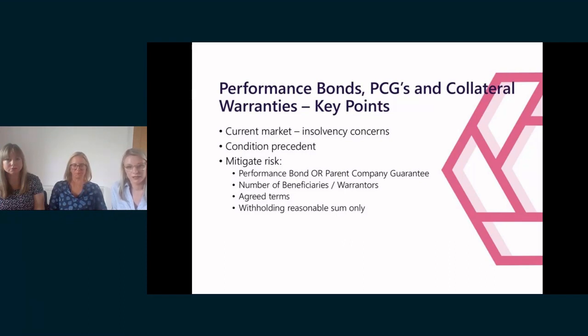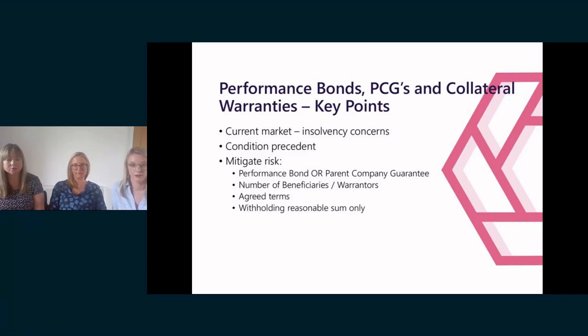It's also important to consider whether it is actually possible to provide these documents. Provision of a PCG obviously depends on how the company is structured and whether the guarantor is prepared to give the guarantee. In terms of a performance bond, the contractor will need a bond facility in place to be able to provide a bond, and the surety will have to have agreed to provide the bond in the required terms.